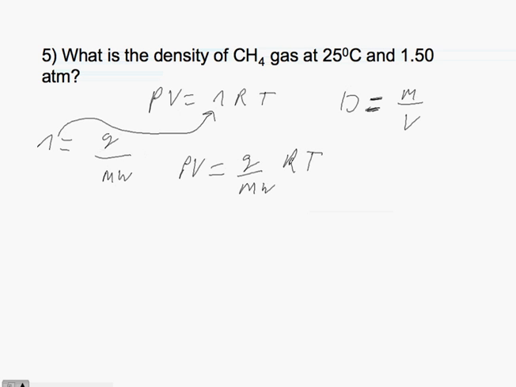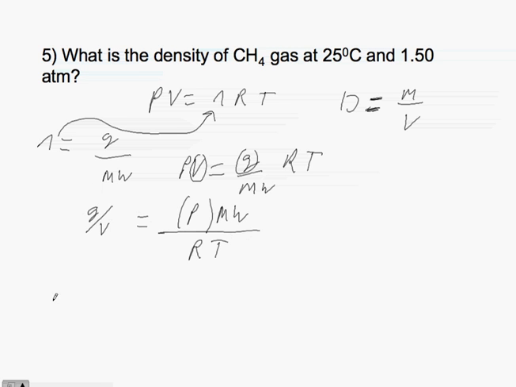From this equation, I only want to have the grams and the volume, because that's mass over volume. So I have to rearrange this equation so that grams over volume is equal to the pressure times the molecular weight divided by RT. You can derive all of these equations generally from the gas law equation, but sometimes it's just better to memorize it.